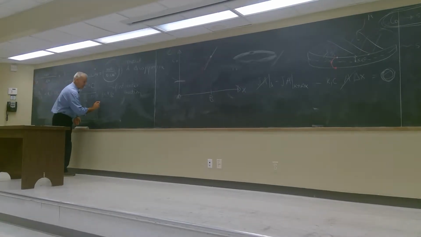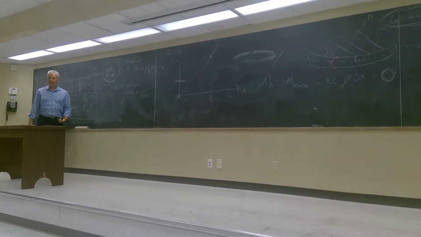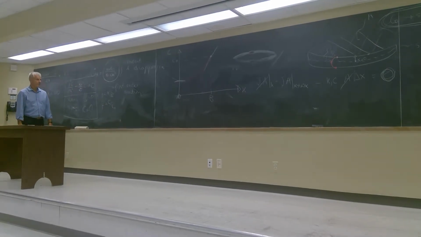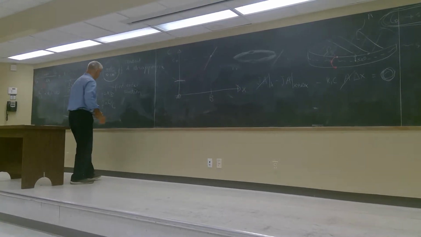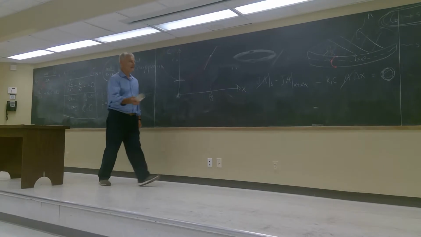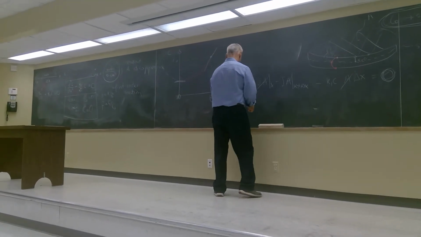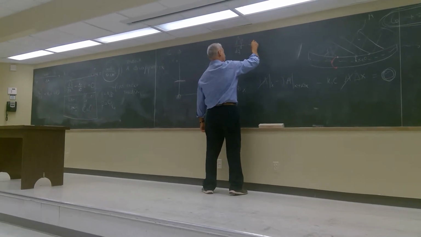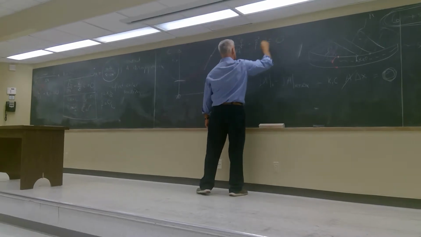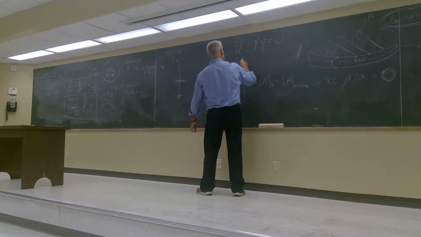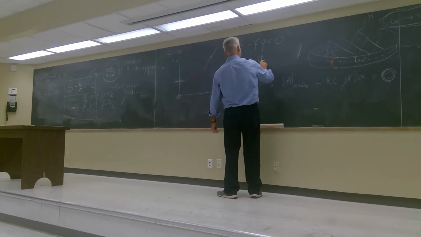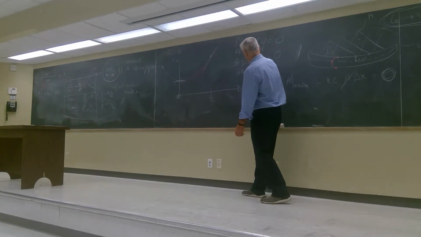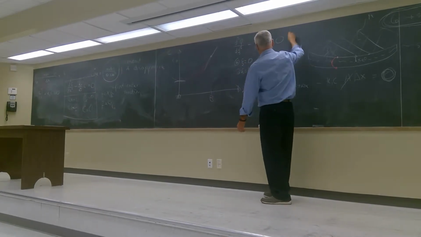If we also define phi as a dimensionless concentration C over C0, our differential equation is going to be identical to what we had last time. D squared phi, d psi squared minus beta squared phi is equal to 0. At psi equals 0, phi psi, meaning the first derivative, is 0, and at psi equals 1, phi is equal to 1.